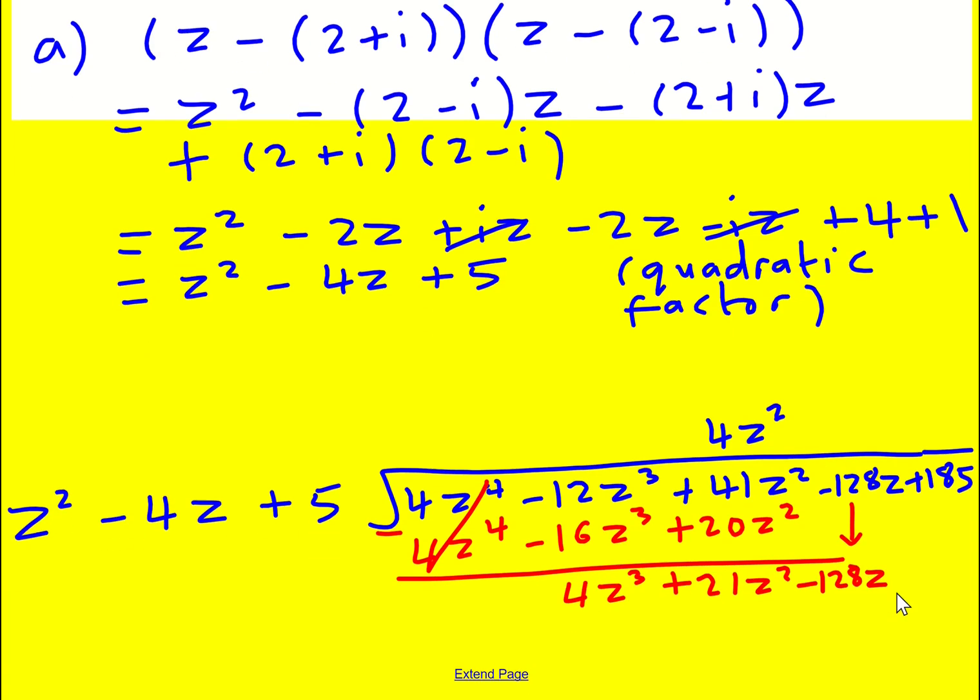Okay, then repeat. So z squared into 4z cubed is going to be plus 4z. Multiply.